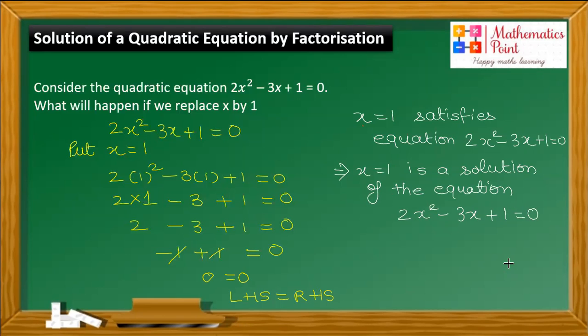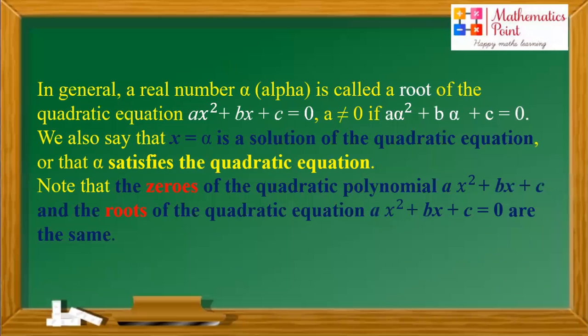So what is the solution of a quadratic equation? It is any value of x which satisfies the given quadratic equation. In general, a real number alpha is called a root of the quadratic equation ax square plus bx plus c equal to 0, where a is not equal to 0, if a alpha square plus b alpha plus c equal to 0.